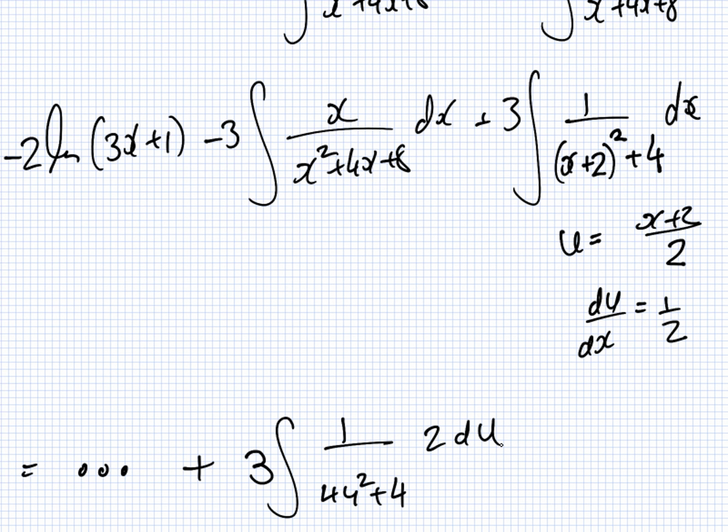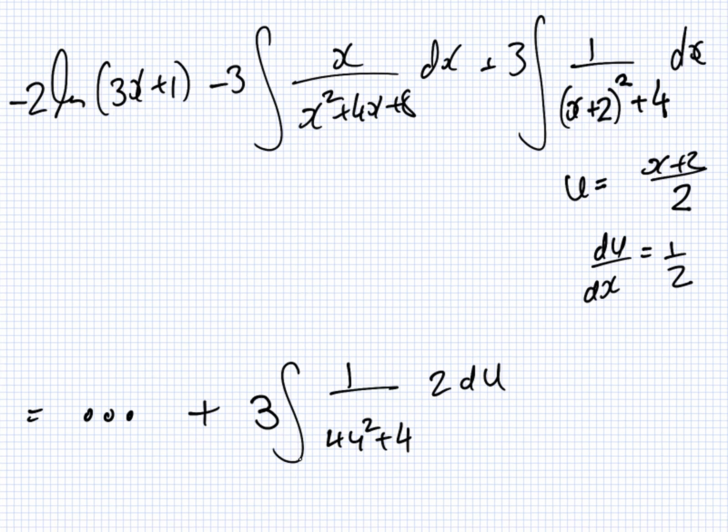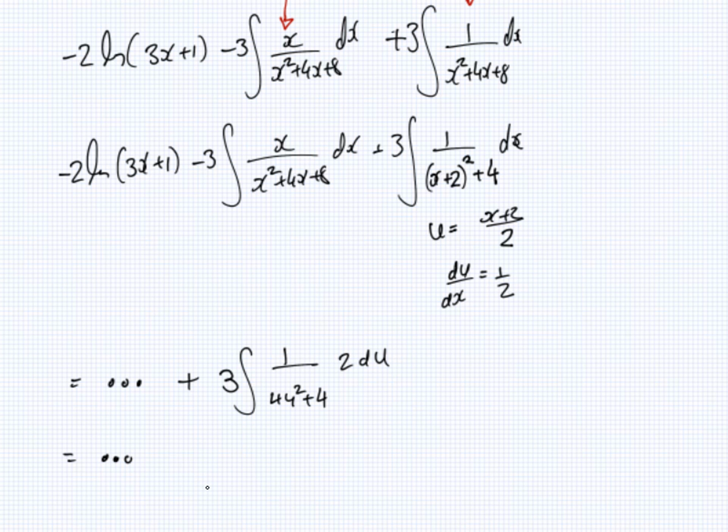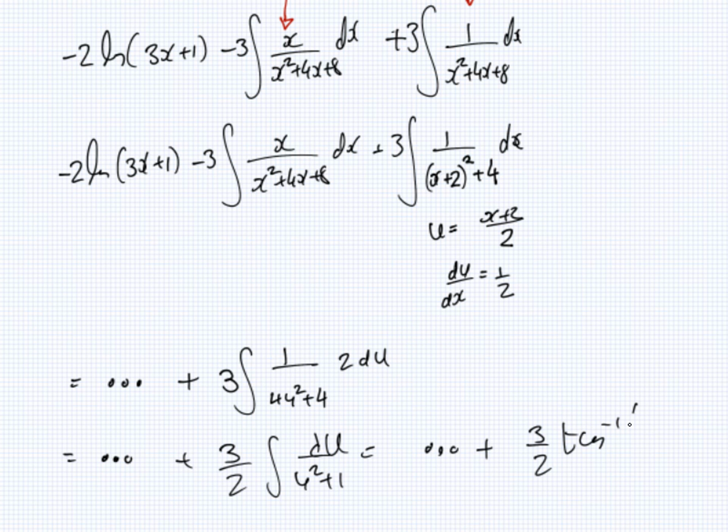That's what you get here. I can cancel, and now I have 3 over 2 times 1 over u squared plus 1 du, which equals plus 3 over 2 tan inverse u.